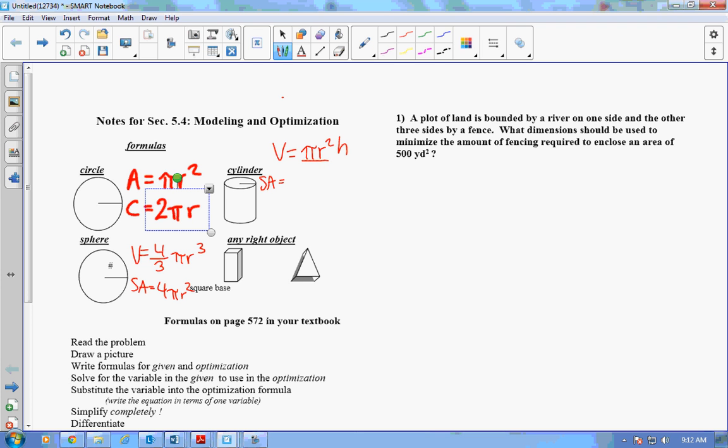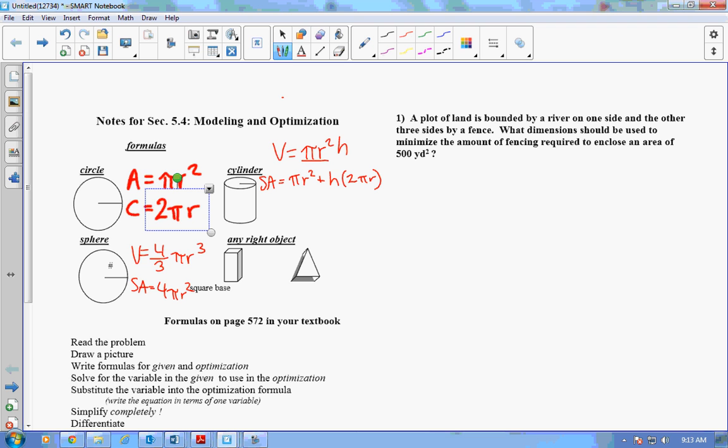Okay, first, D last, what's the derivative of height? 1, plus last, D first, what's the derivative of pi r squared? 2 pi r. Let's see, wait. Yeah, this is just in a different order than how I wrote it. First, D last, 1, plus last.